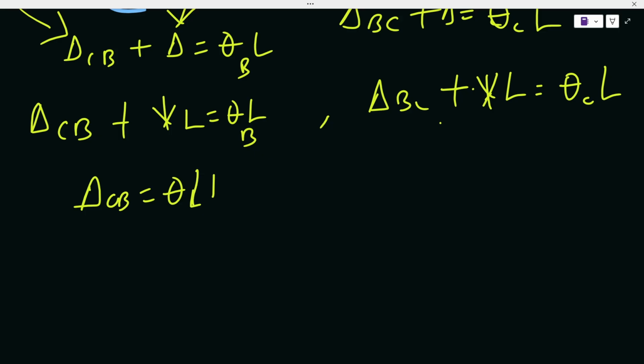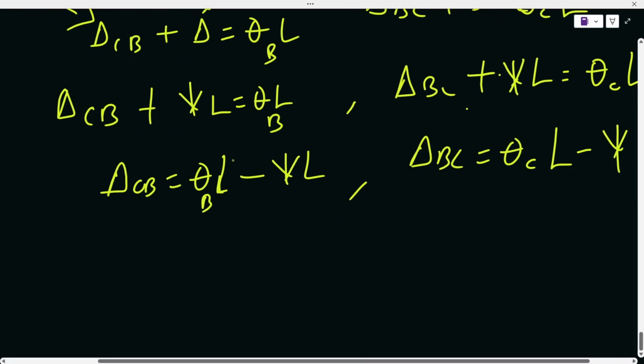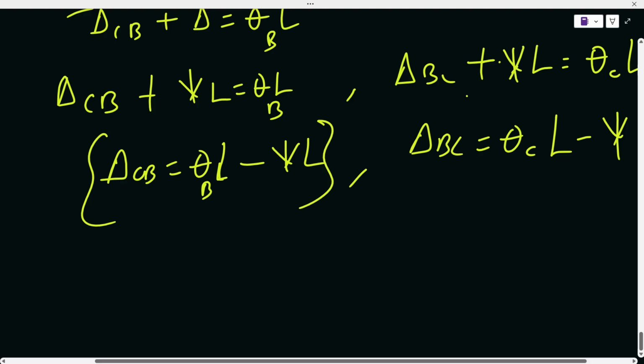delta subscript B minus this. Then having these babies.